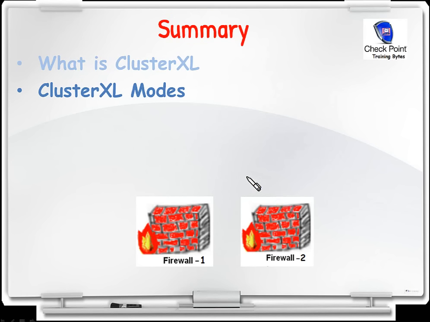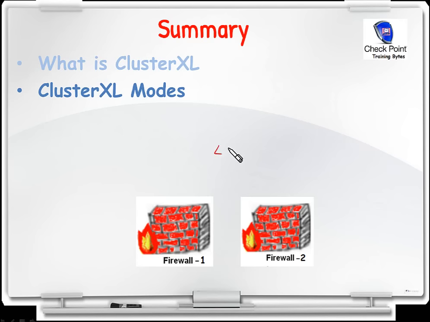In high availability, we also said that we had two modes of setting up high availability. The first mode is called the legacy mode, which is being deprecated and is no longer used and no longer supported. We also have a new mode called the new HA mode, which is the current most popular method of setting up high availability.